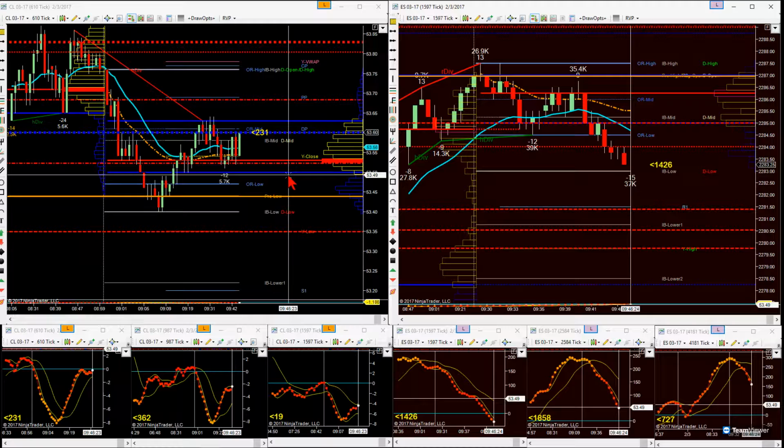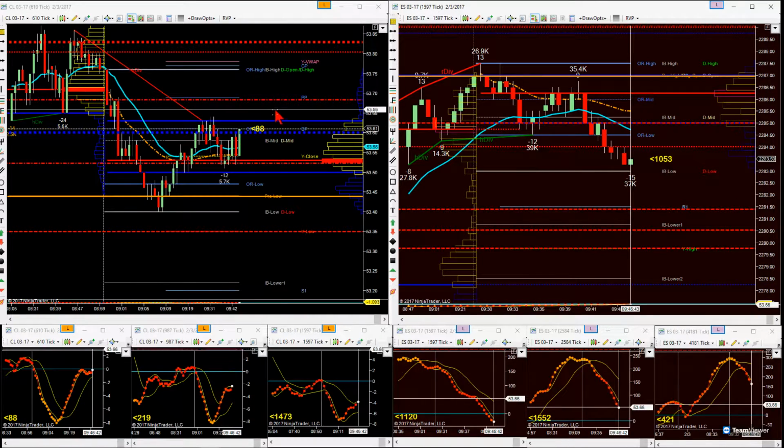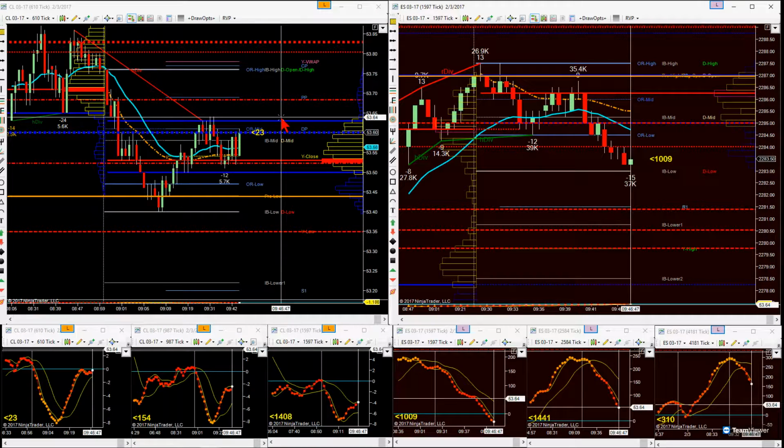ES still pushing down. Okay, well, it broke out of that little tight channel there. We're still inside this bigger channel, or I should say higher channel. It's not bigger, it's higher.